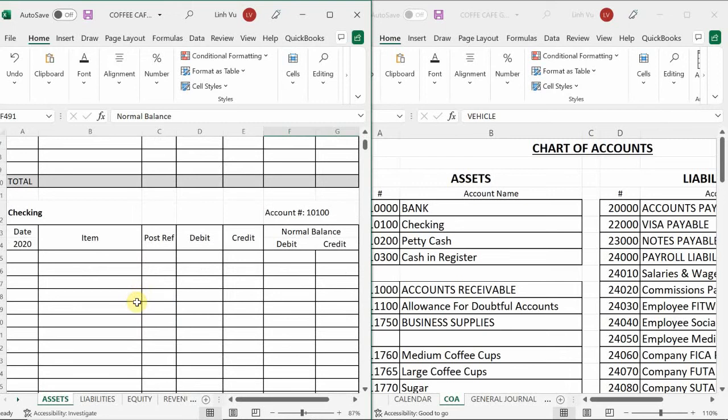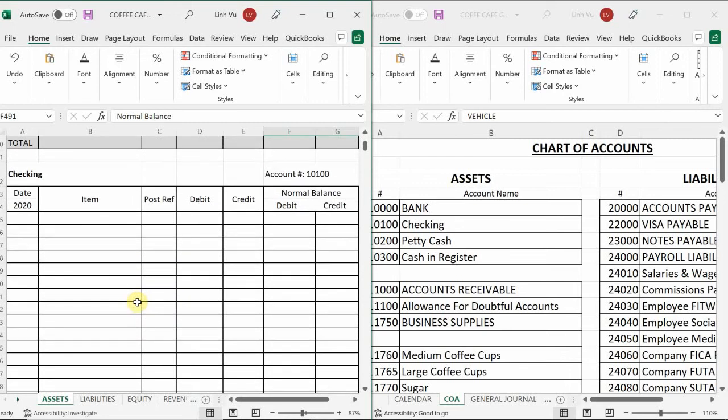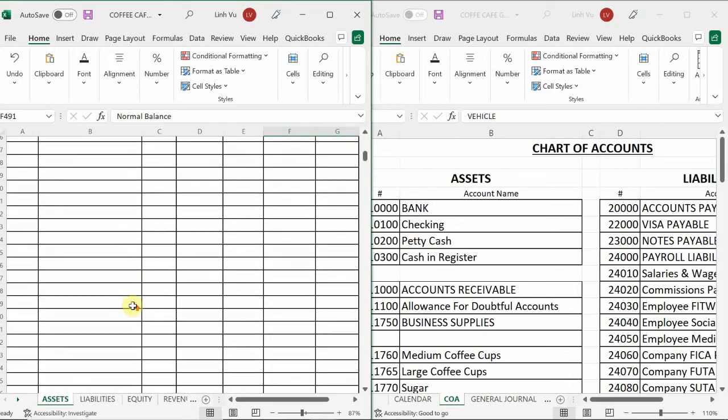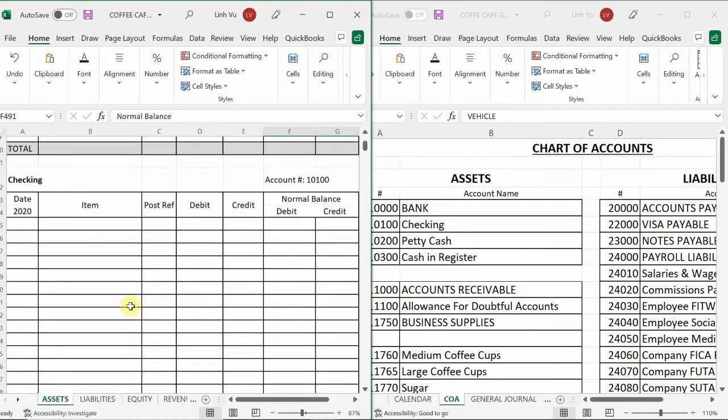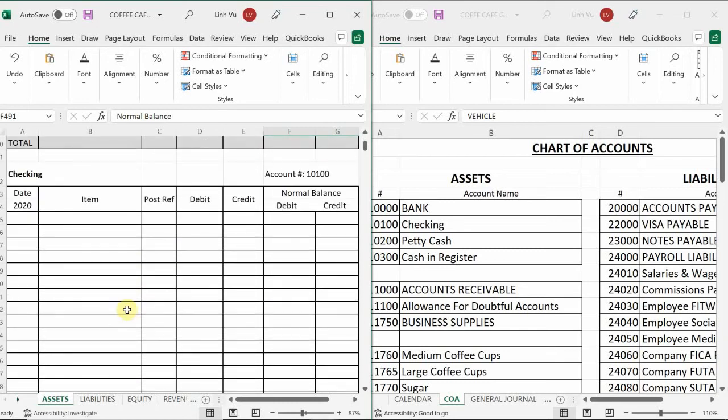You should have an idea of how much money you have in your checking account, right? Because you definitely don't ever want to accidentally write a faulty check, knowing that you don't have enough money in your account.